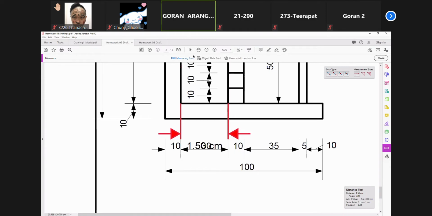So that was 30. If I measure the total width here to here, you will see that it's 5 centimeters. So that's the scaling.